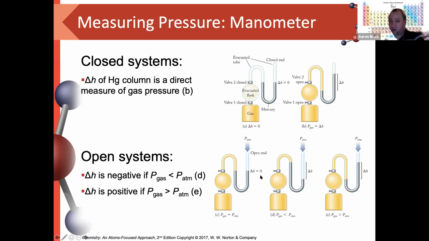So if the gas pushes up on the open tube, we know that the pressure inside is greater than atmospheric pressure, and we can measure this height and basically add the height to the atmospheric pressure to figure out the pressure of the gas. If atmospheric pressure actually ends up pushing up against the gas, then we know that the pressure of the gas inside the tank is less than atmospheric pressure. And so we can subtract this height from atmospheric pressure to get the pressure of the gas inside the cylinder.